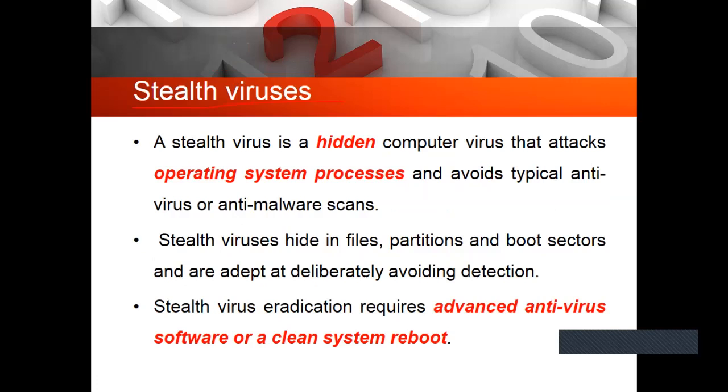So here the virus is a hidden computer virus that attacks your operating system and avoids any antivirus or anti-malware scans. This virus hides within the files, partitions and boot sectors so that it can avoid the antivirus.